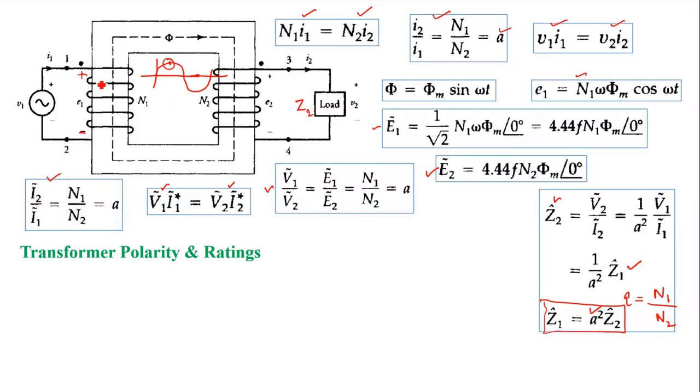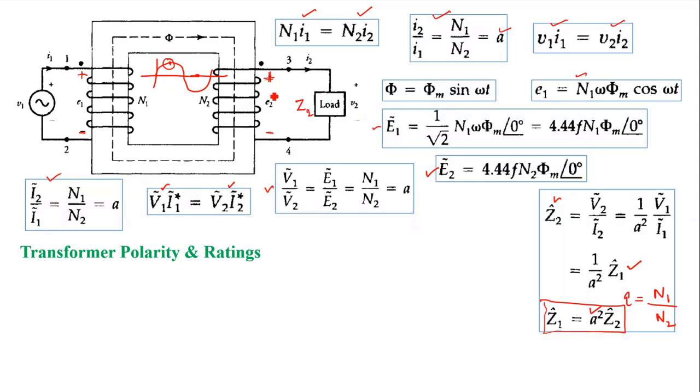Then under that condition, at the secondary side, the part which will be positive with respect to the other side, we'll mark that as positive. Let us say at the secondary winding, the positive part is here and the negative part will be here.